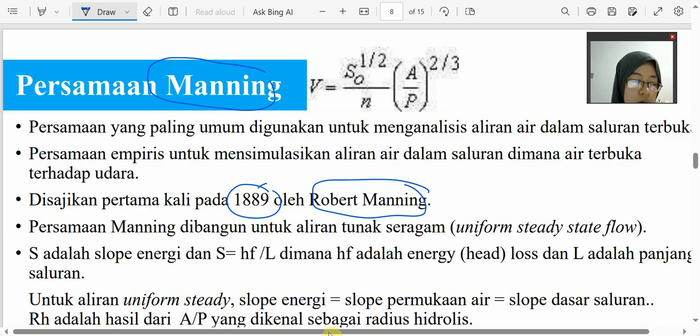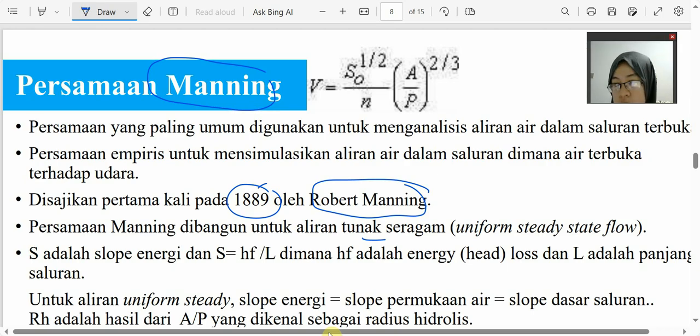Okay, we want to calculate some flow parameters in open channels, and Manning also assumed the flow is a uniform flow, uniform steady state flow.